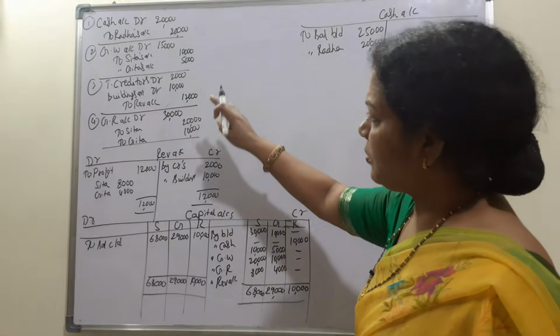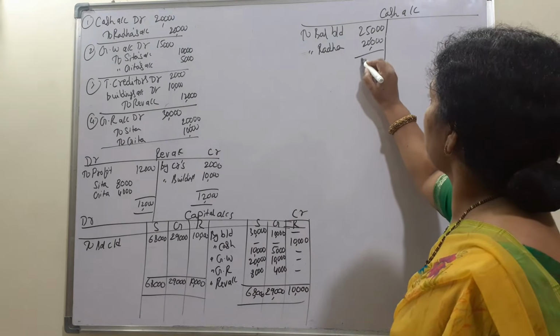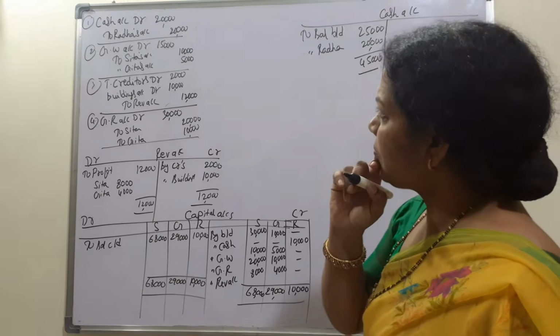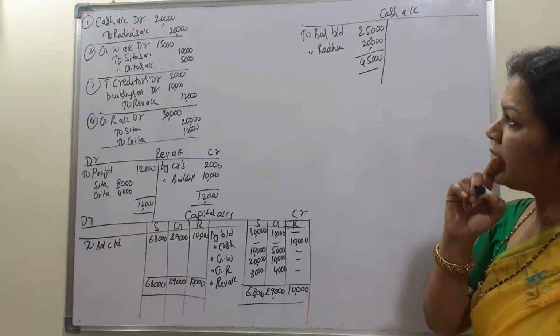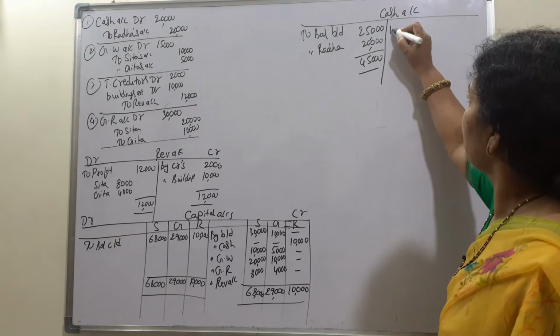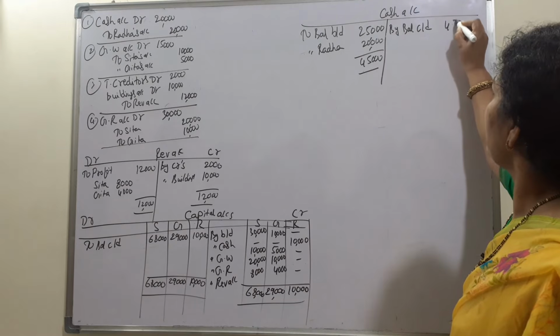Next, cash, do you find anywhere? No. So that's all. This is 45,000. By balance carried down, 45,000.